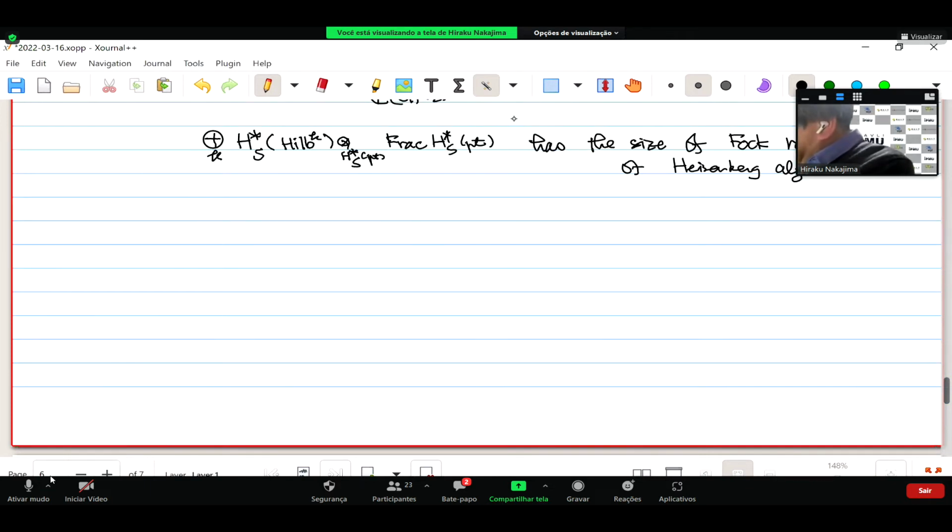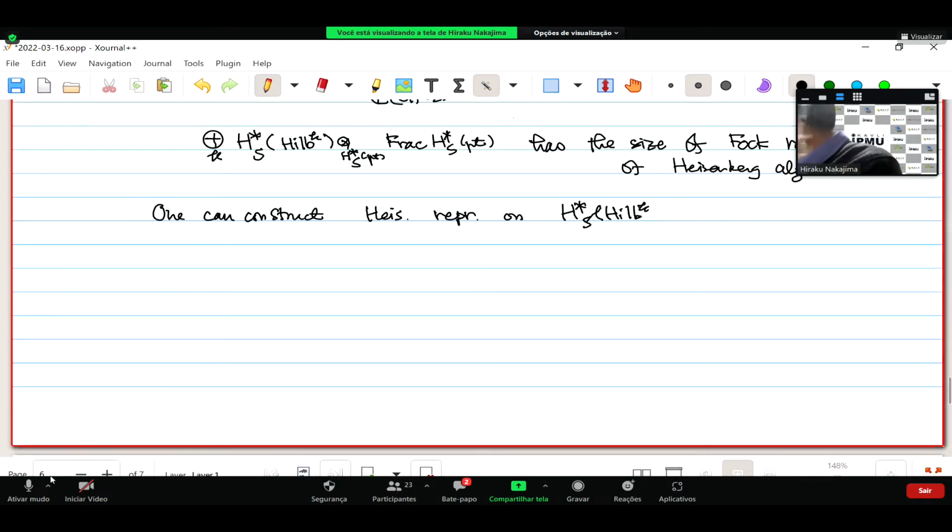One can construct the Heisenberg representation on the non-localized one, the direct sum of equivariant homology.